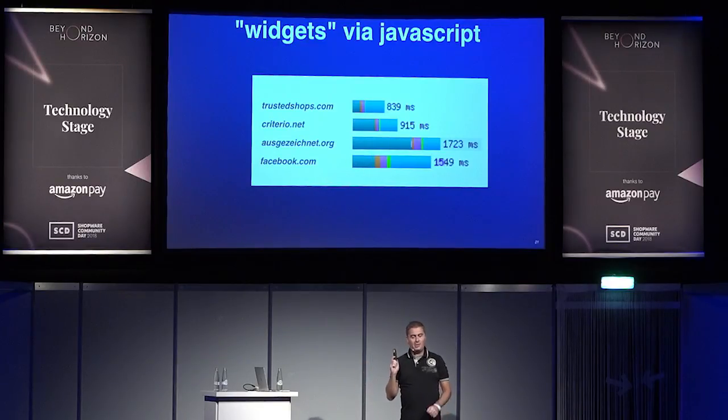This is done by JavaScript because these firms want to track your customers. They want to see how many customers you have, how many traffic you have, and maybe even if these customers buy something or not. So these are tracking pixels which don't tell you that they are tracking pixels.